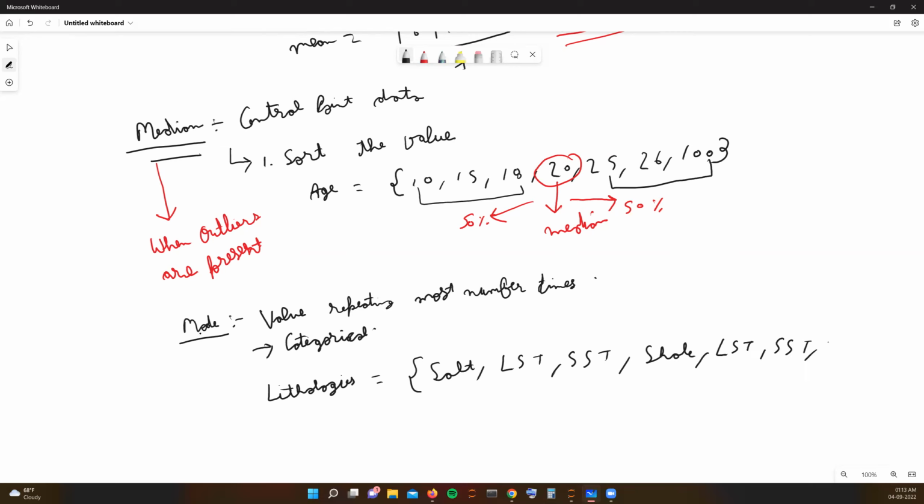Sandstone, again limestone, limestone. So here my mode will be limestone because limestone is repeating the most number of times. Four samples of limestone are present, or instead of samples you can just say four times limestone is present in my population data.